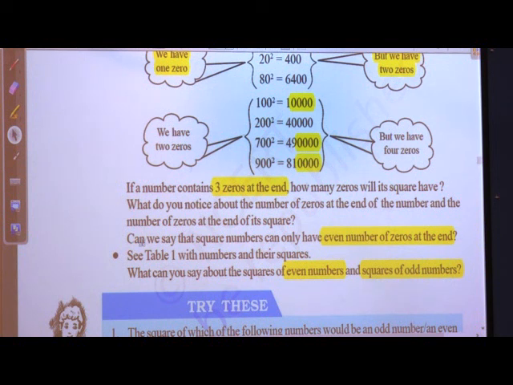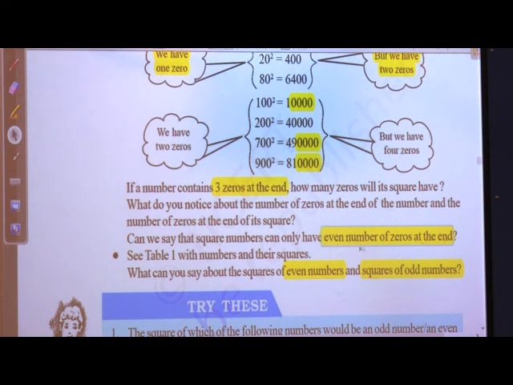And what was the conclusion made there? Can we say that square numbers can only have an even number of zeros at the end? For zeros, we can say that square numbers can only have an even number of zeros at the end.